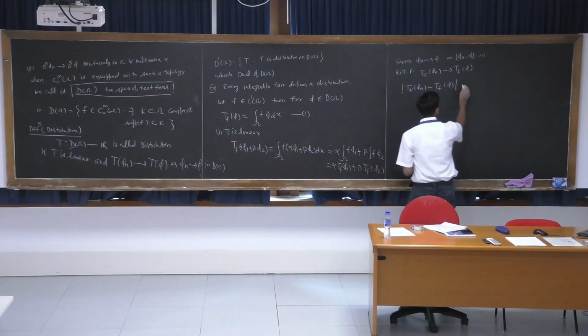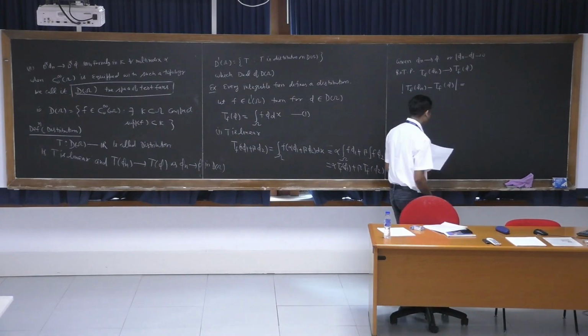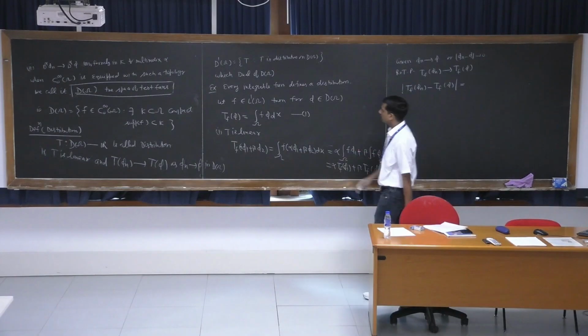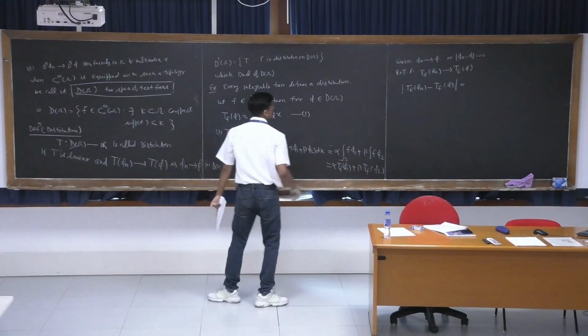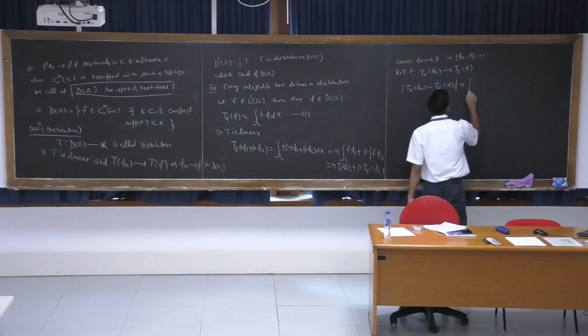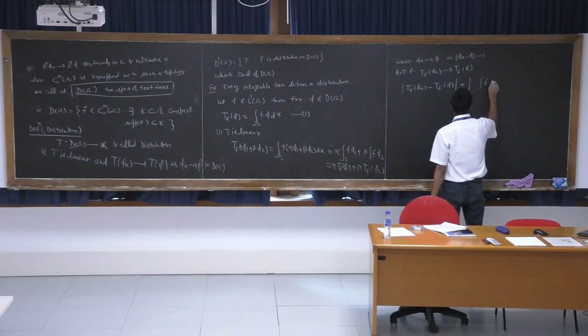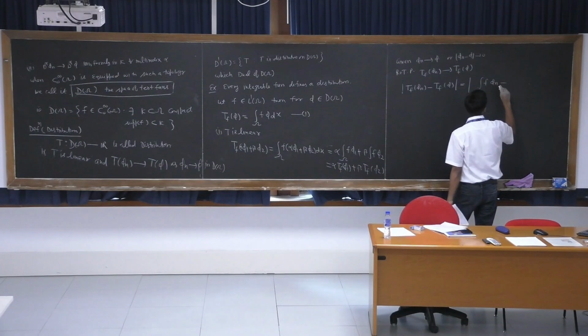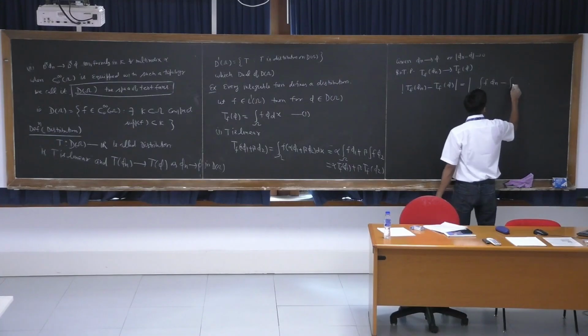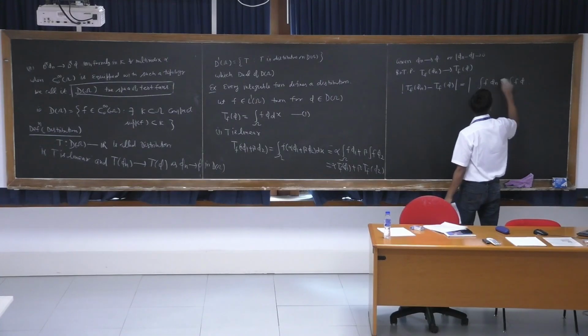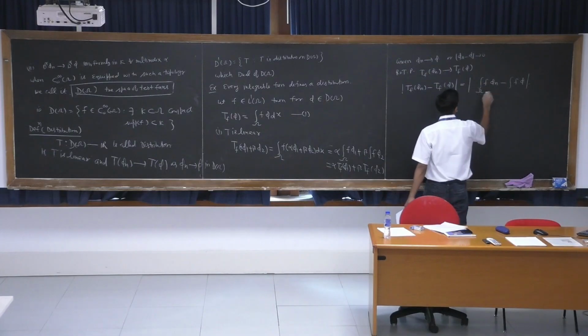So what is this? Apply the definition of T f. This becomes the mod of the integral of f phi n minus the integral of f phi over omega.